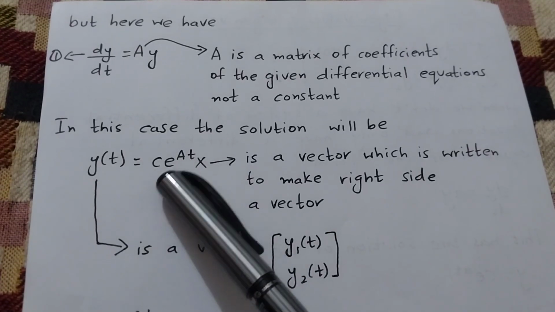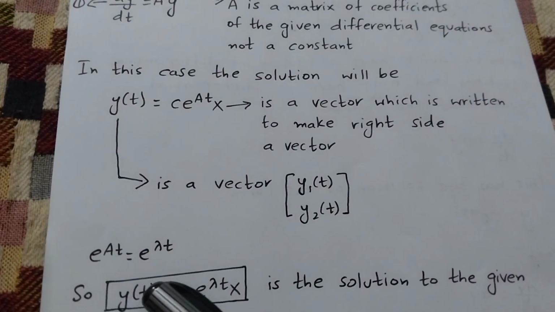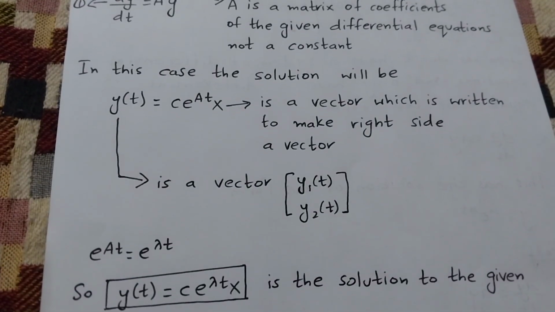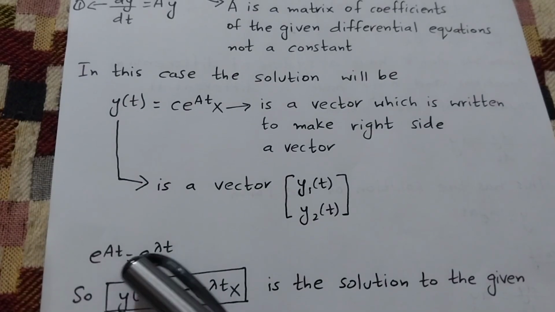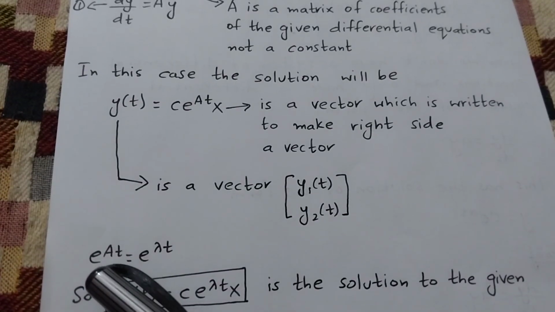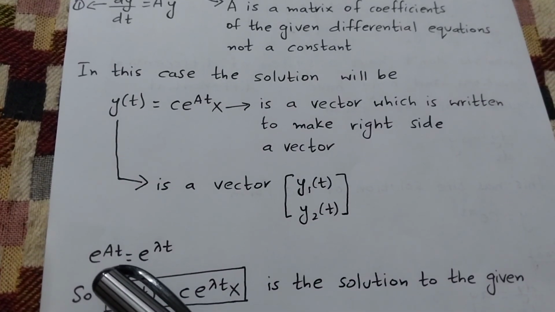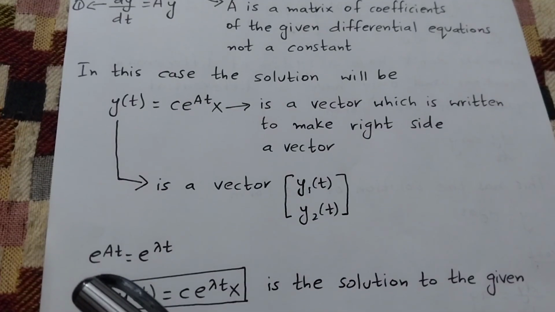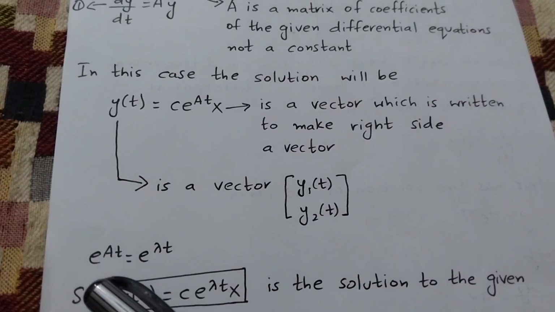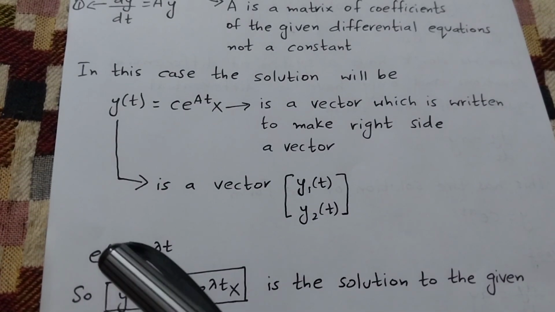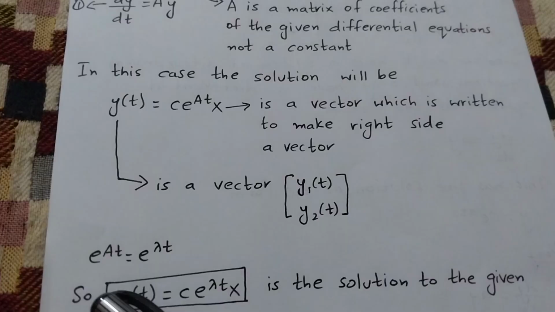So e raised to power At is basically a problem. e raised to power At, we are raising the exponential to a matrix power, and we can do it using the series of e, and we know that the series of e is 1 plus x plus x square over 2 factorial plus x cube over 3 factorial and so on.